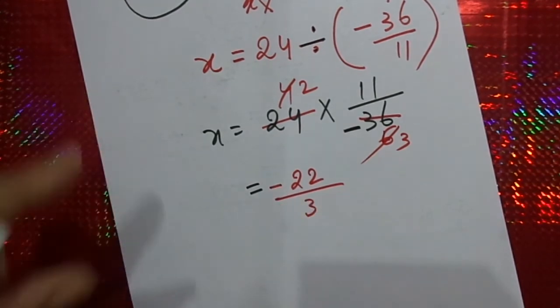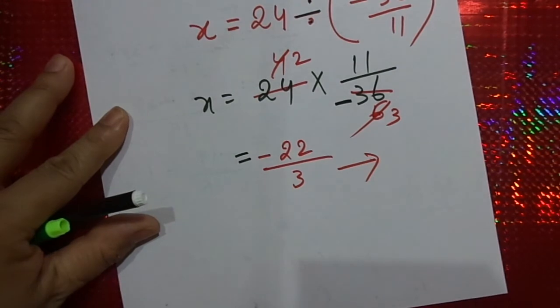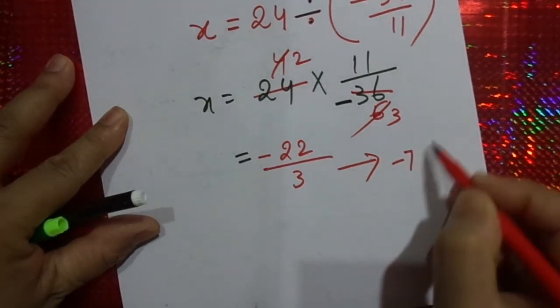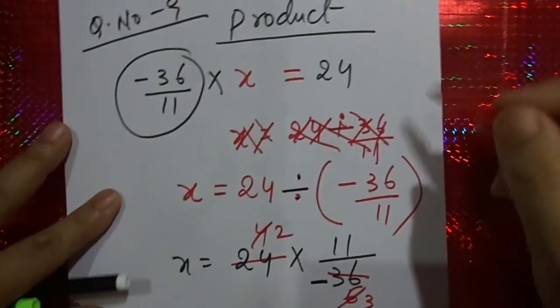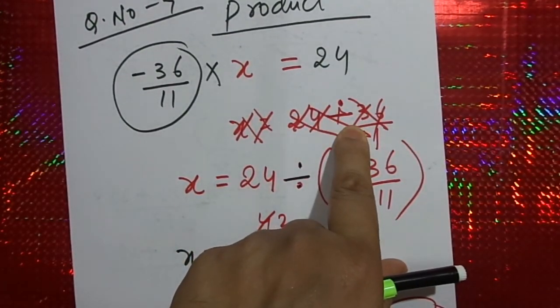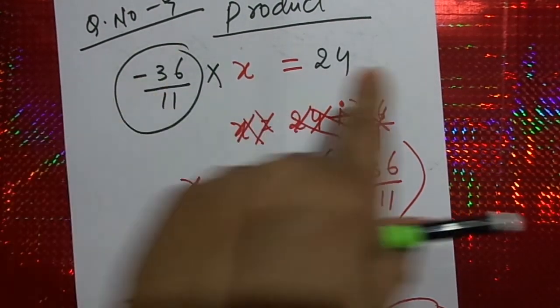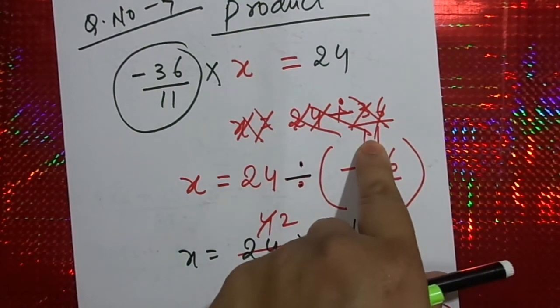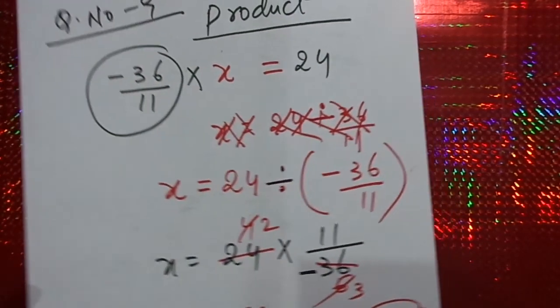It will be minus 22 by 3. And when we change it into a mixed fraction, we get minus 7 1 by 3. So please do not do this mistake ever. Do not take this minus that side and write plus 36 by 11. Because this minus 36 by 11 is in multiplication form.